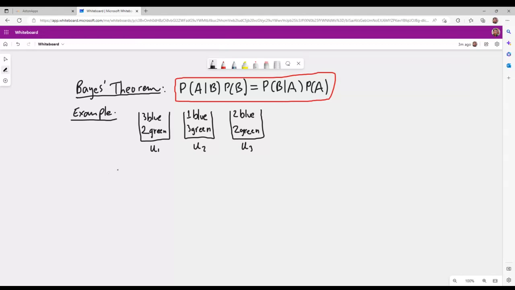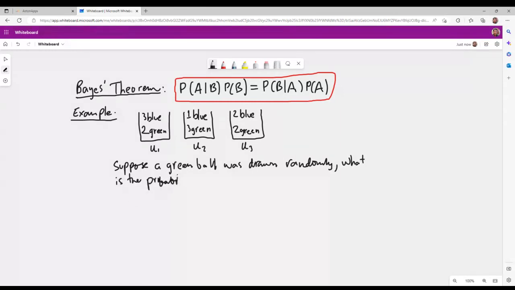So let's write that question down. Suppose a green ball was drawn randomly. What is the probability that the ball came from urn 2?